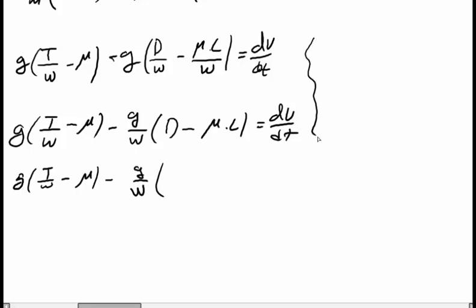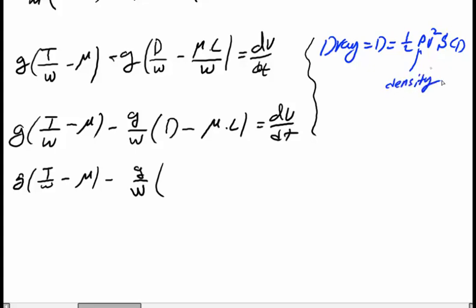The drag force, in another color, drag or D, will be equal to half rho V square S times Cd. Rho is the density of what? Of the medium, which is air in this case. V is velocity, S the surface area, and Cd is the coefficient of drag, and lift force will be equal to half rho V square S times Cl.